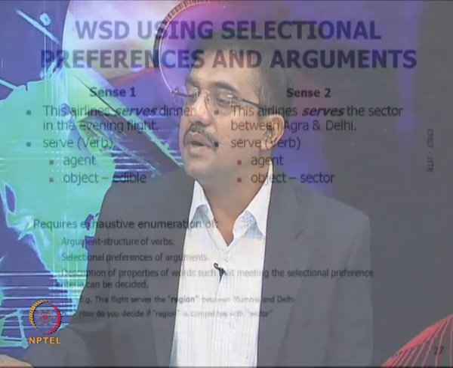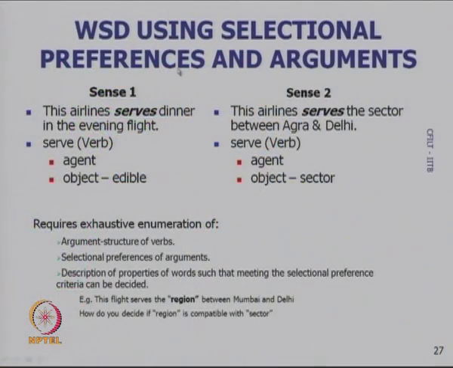We start with knowledge based approaches and refer to word sense disambiguation using selectional preferences and arguments. Here is an example. The airlines serves dinner in the evening flight. This is the first sense of serve.